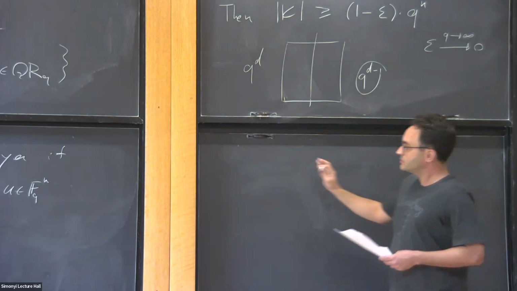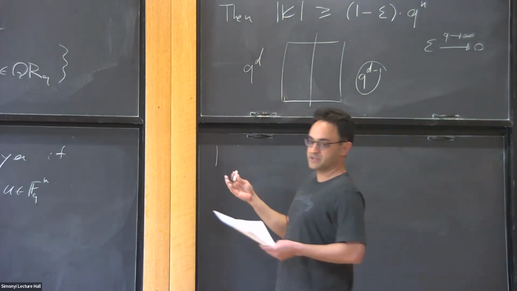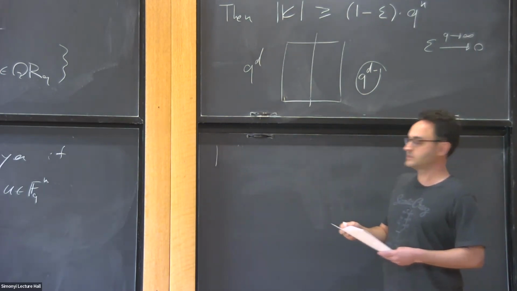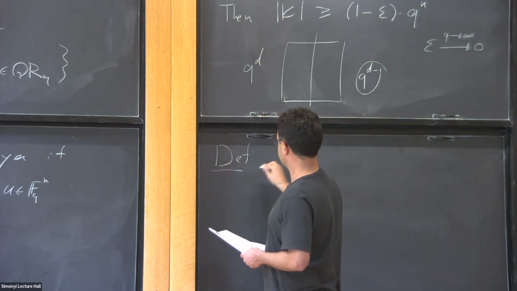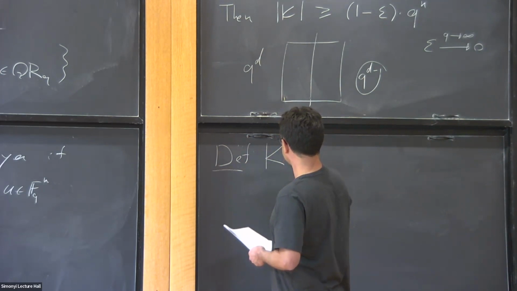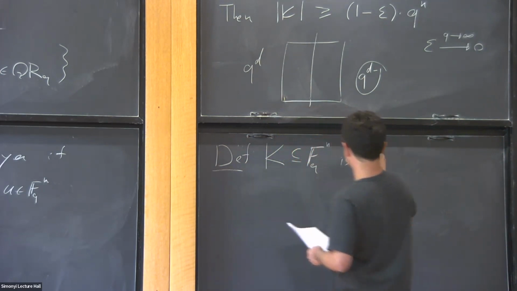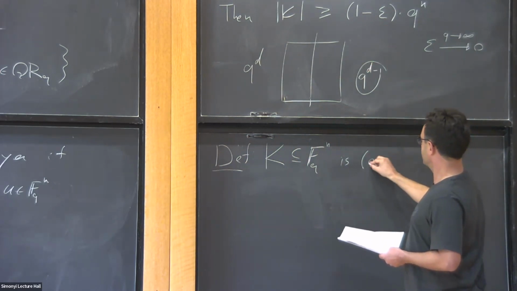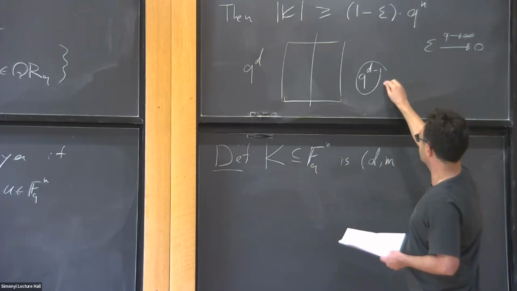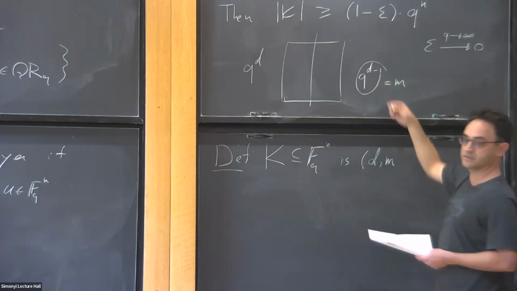So now we're going to give a definition that captures this more refined question. And this is the definition of a Furstenberg set. Now we have two parameters. One is this D, and the other one is M. This will be the number of points on the flat.